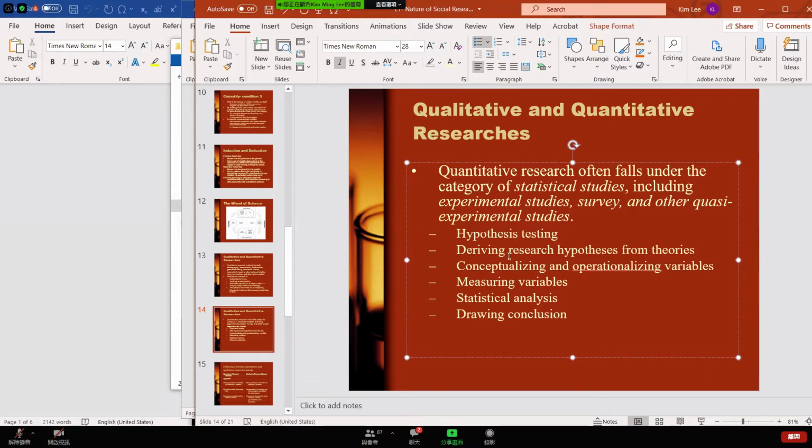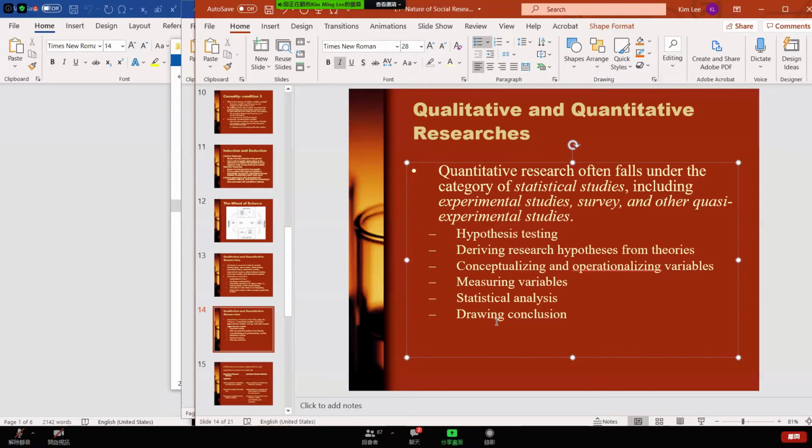So you can derive a research hypothesis from theory, but for applied research like policy research, you derive your hypothesis from the mission statement, or sometimes a hidden mission statement. And you conceptualize and operationalize the variables, then turn them into something observable and measurable. And then you measure the variable, do the statistical analysis, and make the conclusion.